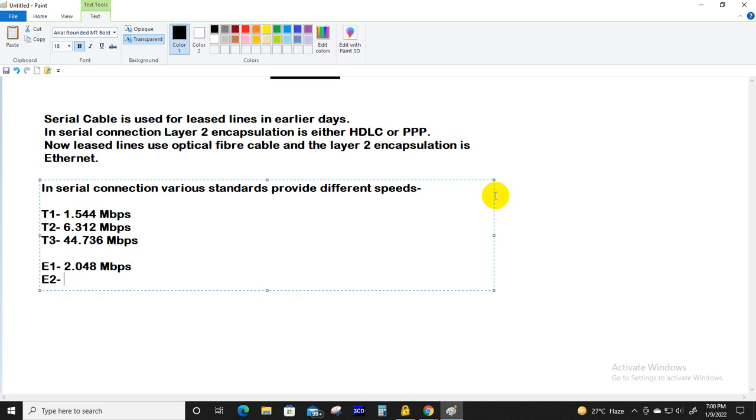E2, it is 8.448 Mbps. E3, it is 34.368 Mbps.